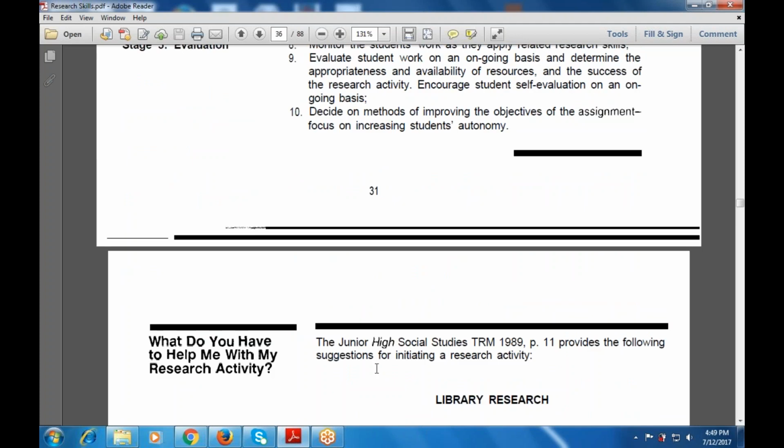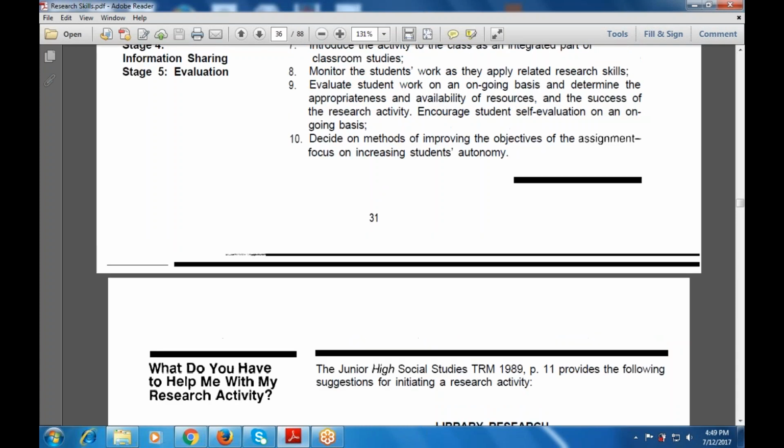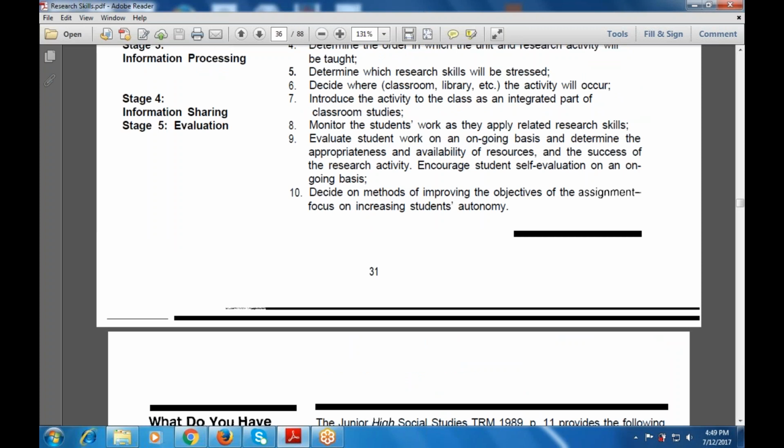This autonomy includes the various student feedback and the various student categories used to improve the objectives, making students aware of the assignment, the objectives, the resources, and the success of the research activities. That will also be used for self-evaluation on an ongoing basis.